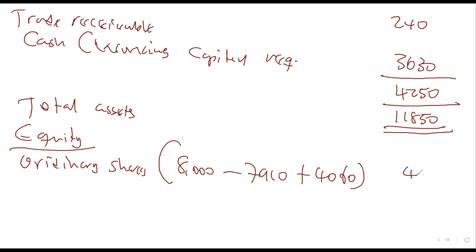So I'm getting 4,150. Just write for preference shares.